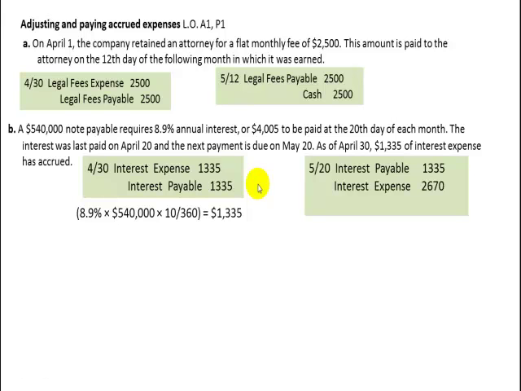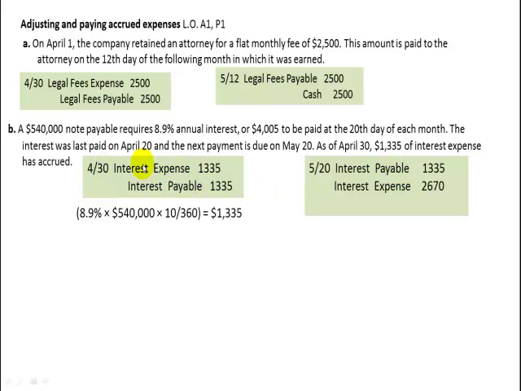We're going to debit interest expense, which is the amount of interest that we have accrued from the very beginning, which was a total of $4,005. That's the total amount of interest that we owe up through May the 20th. And you can see that some of that was accrued in April.